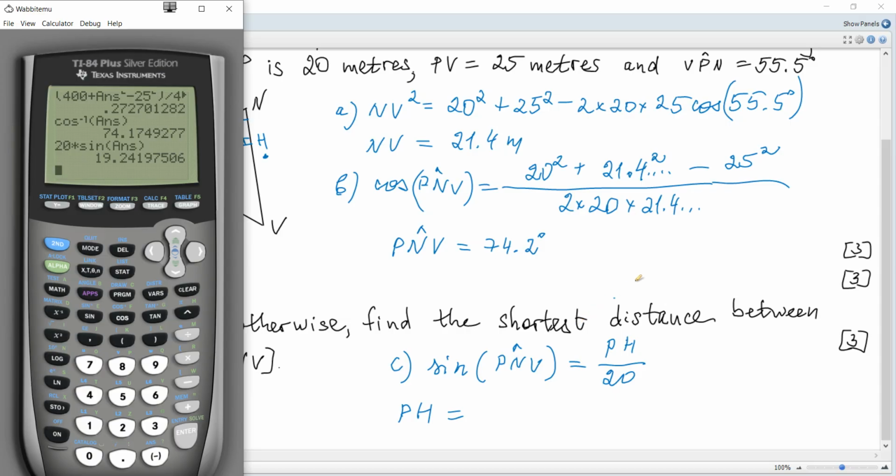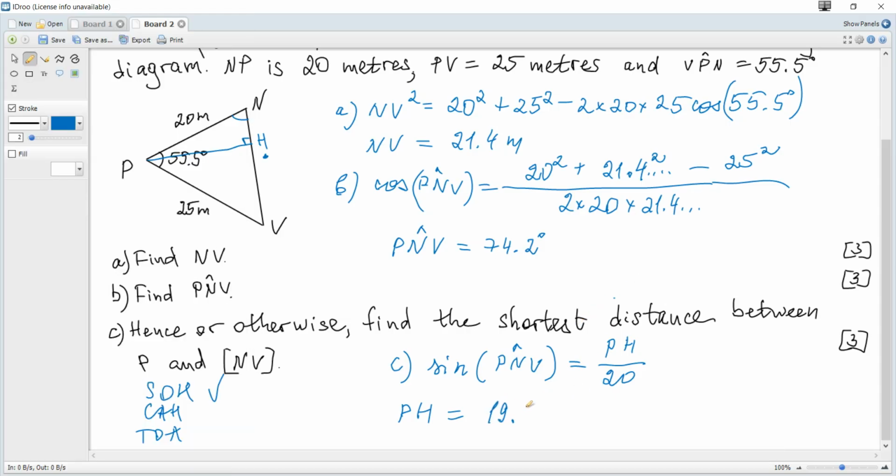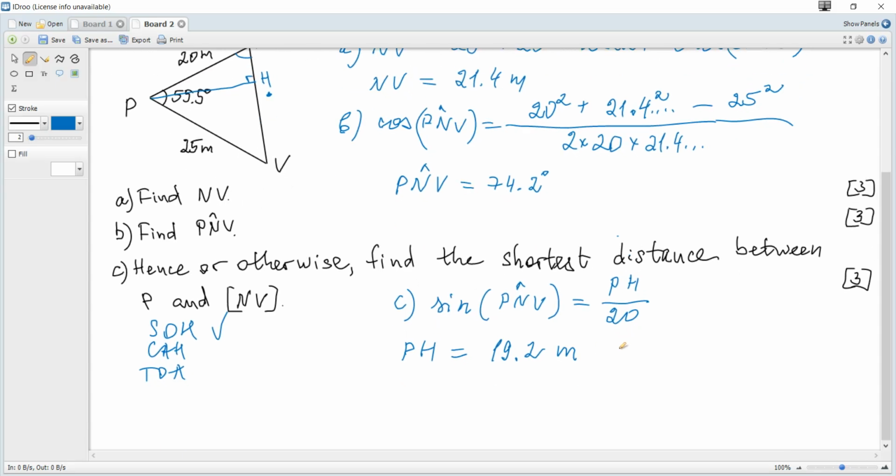And it's 19.2 to 3 significant figures, meters.